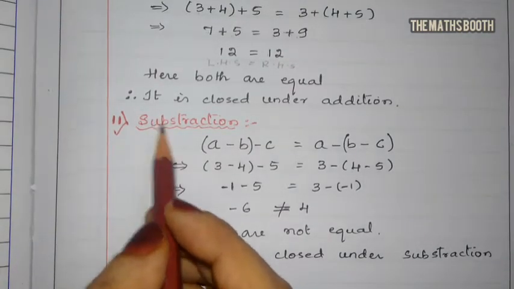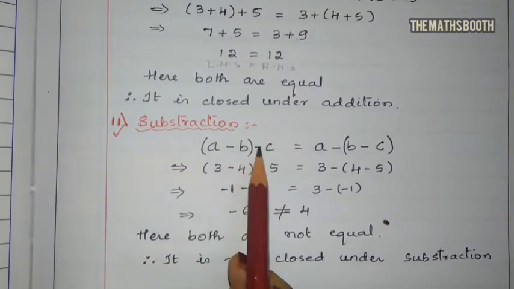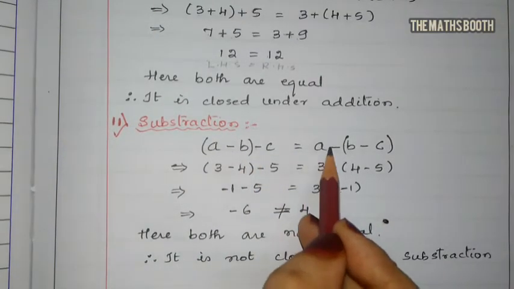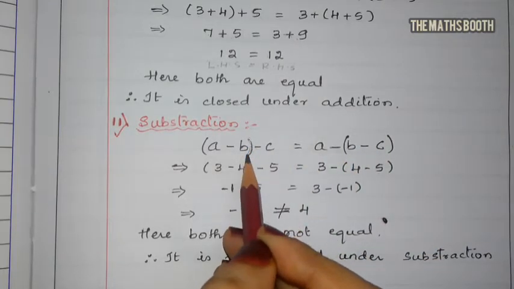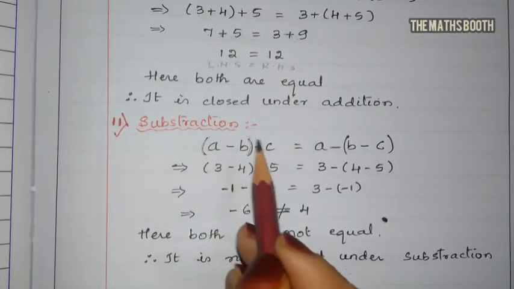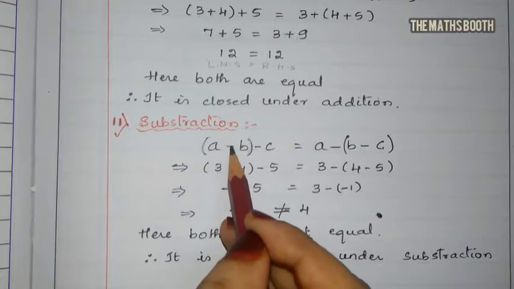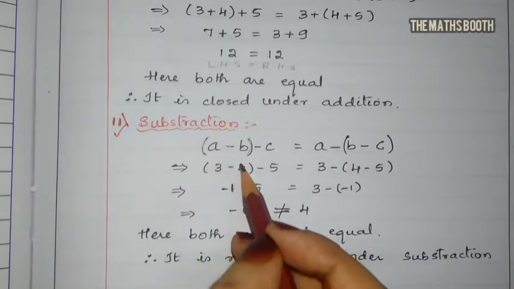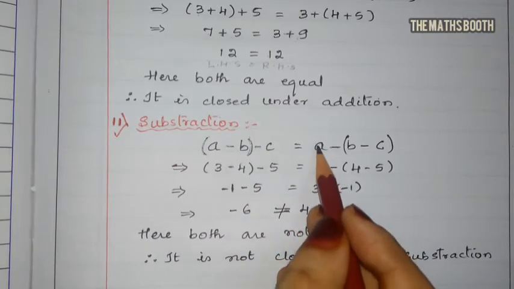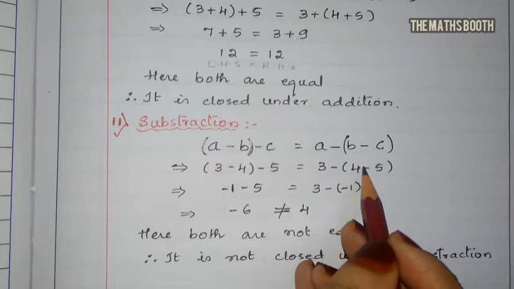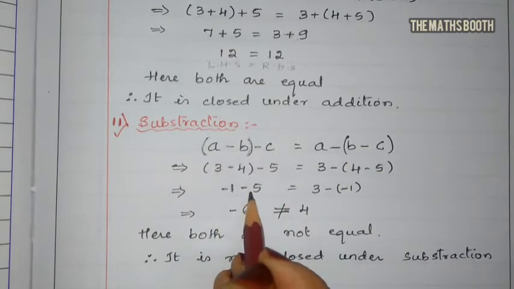Let us see the next one, subtraction. Here for subtraction you can see (a - b) - c is equal to a - (b - c). We have to take brackets like this for the associative property. So a value 3, minus sign as it is, b value 4, minus sign as it is, c value 5. (3 - 4) - 5 equals 3 - (4 - 5). 3 minus 4 is minus 1, minus 5 as it is.